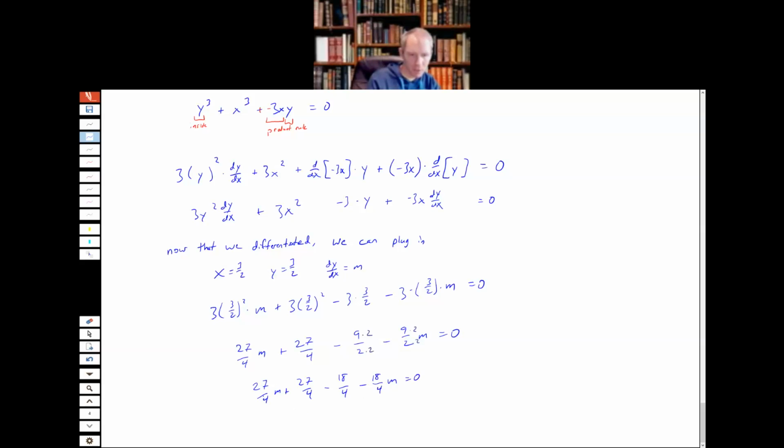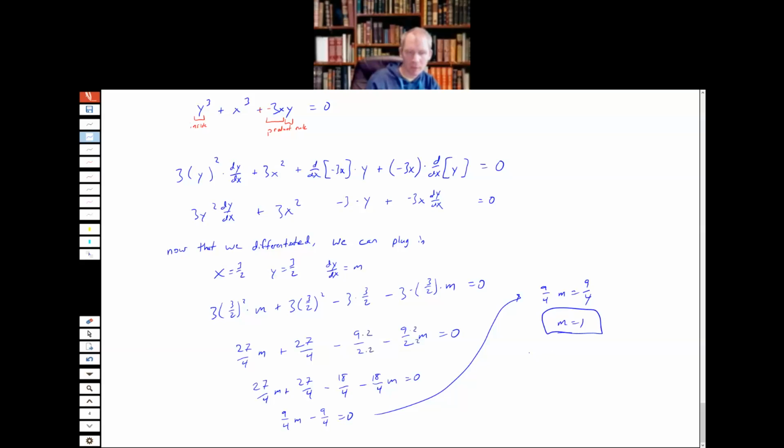Okay. 27/4 m minus 18/4 m. 27 minus 18 gives me 9. So we have 9/4 m. And then 27/4 minus 18/4, same deal, I get 9/4. So 9/4 m equals 9/4. So m equals 1.